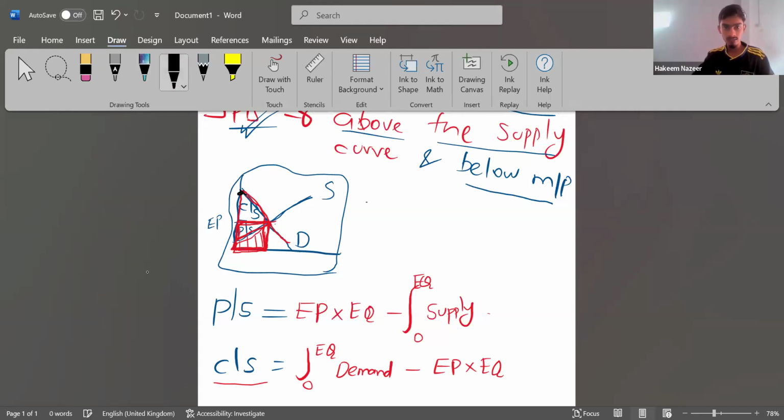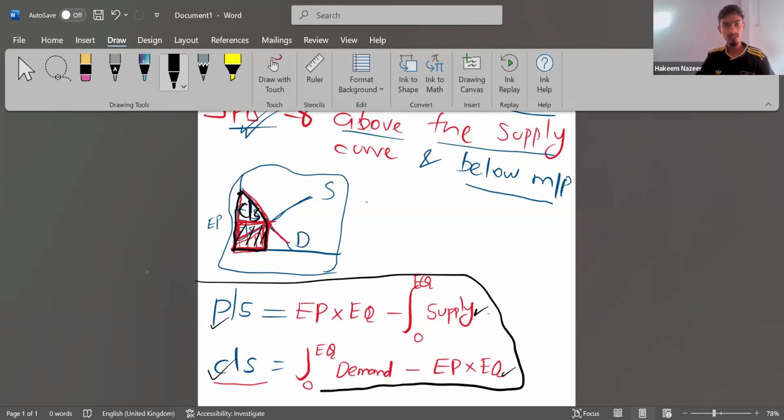From here we derive the demand and we deduct the total expenditure of the consumer, so we can get consumer surplus. This is the simplest, easiest way to identify. And this is the specific formula for the consumer surplus and the producer surplus.